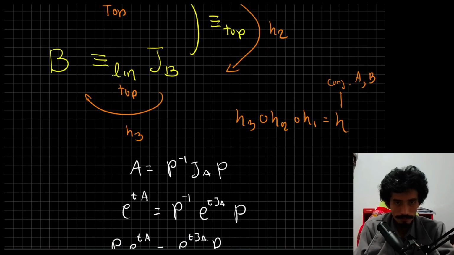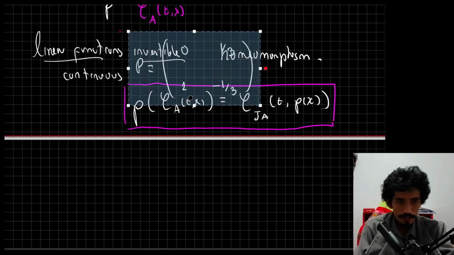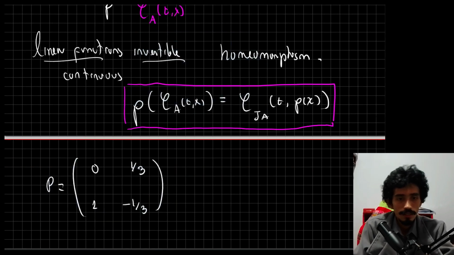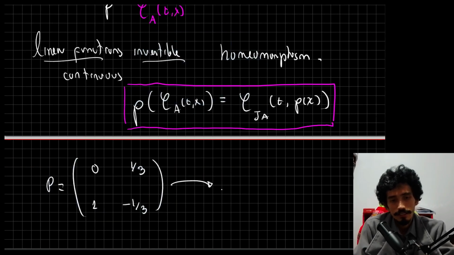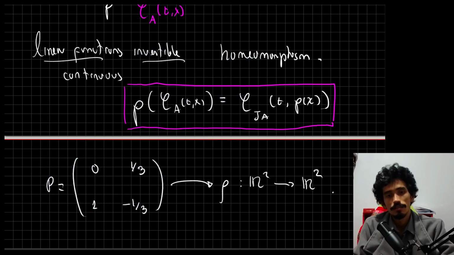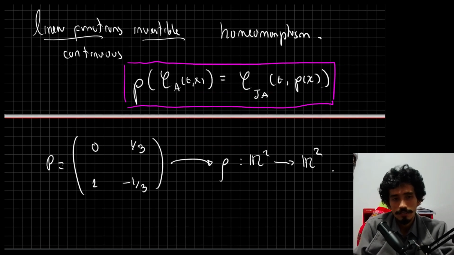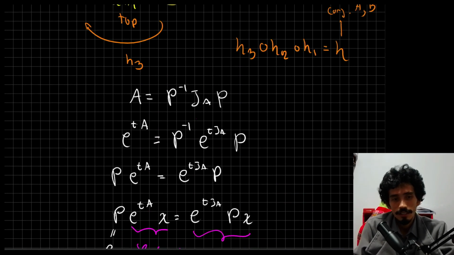So let's copy this here. This matrix defines our function from R2 into R2. So let's put it there for a moment.